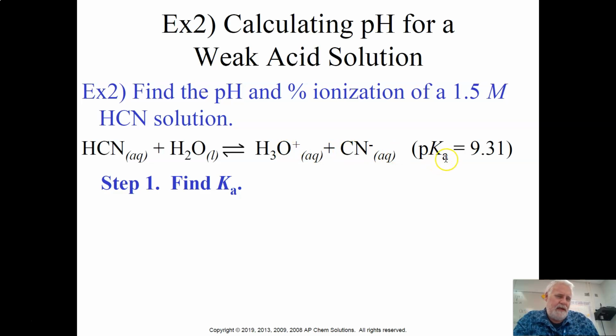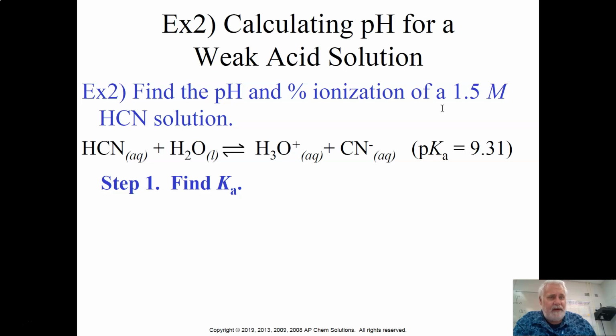And such a weak acid, you would predict a higher pKa value, just like we had talked about with pH and pOH and so on. So super weak acid. All right, so let's find out what Ka is, and we're going to get the pH and the percent ionization. So a couple different steps here.